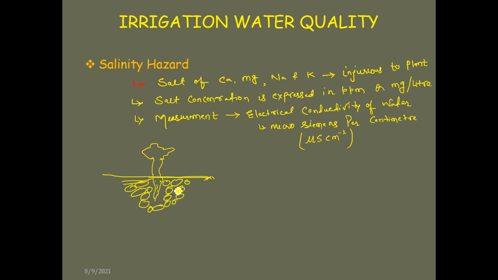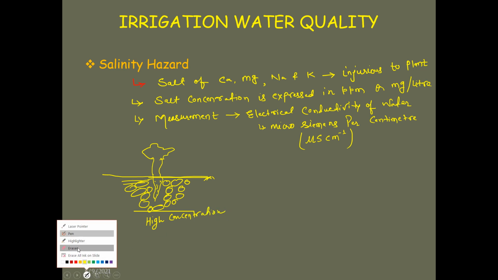Suppose this soil has proper water, there is no problem of water, there is enough water to provide to the roots. But there is a problem. If the water present in the soil has a high concentration of salt, then what happens?